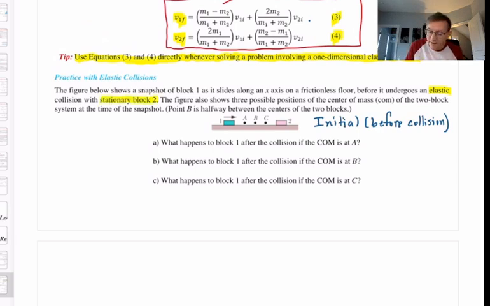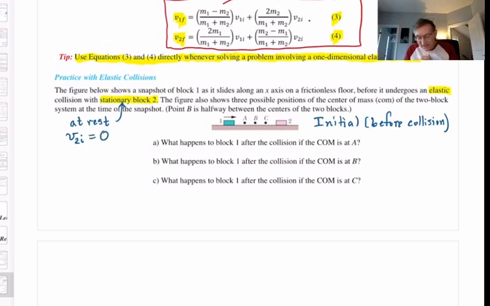Well, I know what stationary means. It means at rest. So we have a situation where particle 2 is initially not moving. That's going to make things a little bit easier to deal with. That means then V2 initial, the velocity of particle 2 before the collision, is 0.